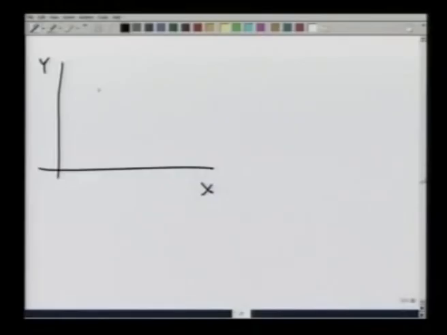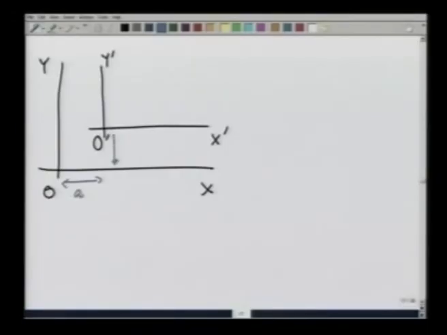So, let us take 2 sets of axes: x, y with origin O, and another set of axes x prime, y prime with origin O prime. The O prime is shifted with respect to O by x coordinate a and y coordinate b.